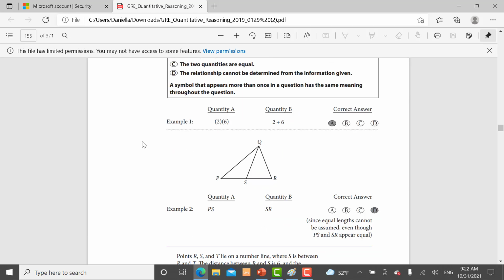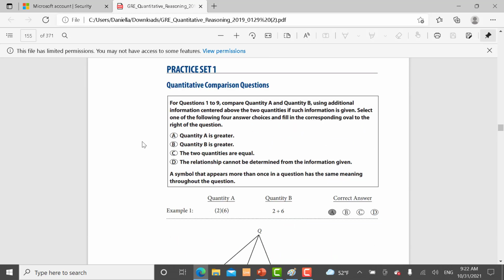These are not the test questions yet, but they show how to work on them. One type of question you will see often on the exam is when you have to compare two quantities, A and B, and there are four options: either A is greater, B is greater, the two are equal, or the relationship cannot be determined from the information given.